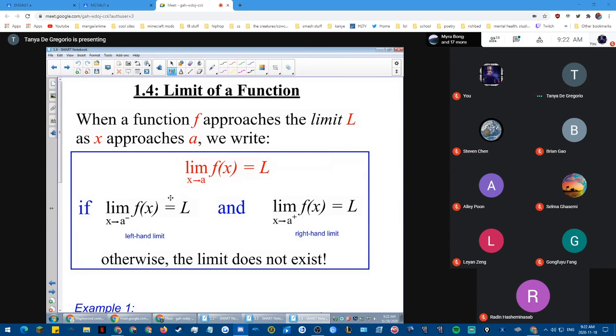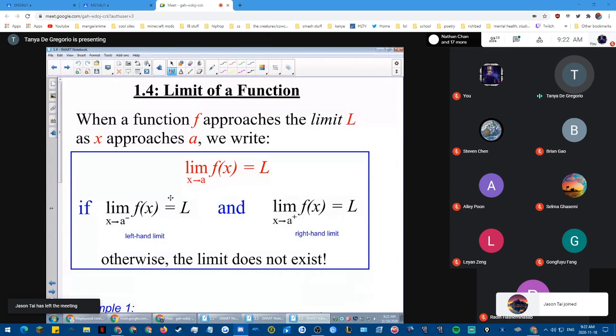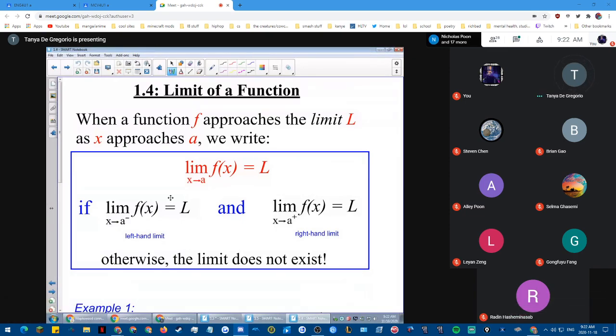If the left-hand limit, so look how we write that here, as x approaches a from the left, you have a little minus sign there, signifying that it's a left-hand limit, and the right-hand limit, so if the left-hand limit equals L, and the right-hand limit equals L, are the same, so we notice they equal the same value, then we say that the limit exists.